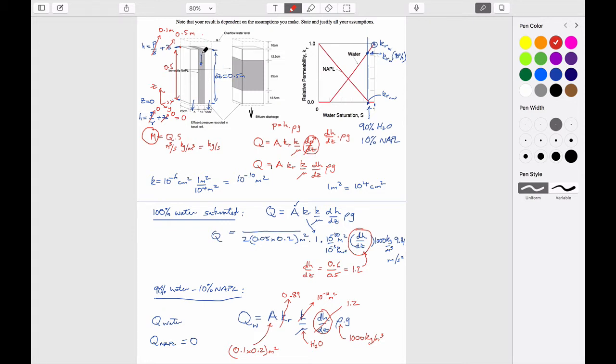Of course, as you start to remove this material, which is the crux of this question, what's going to happen? You're going to dissolve the NAPL. It's held in by interfacial tensions on the grains, but as you dissolve it and carry it out, it's going to shrink.